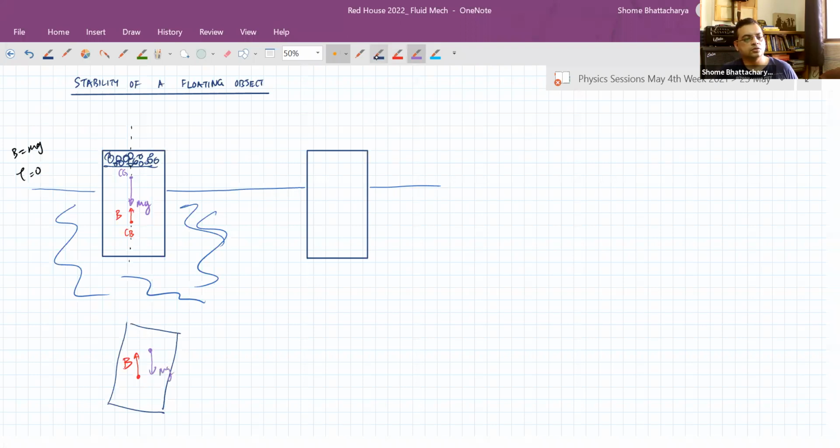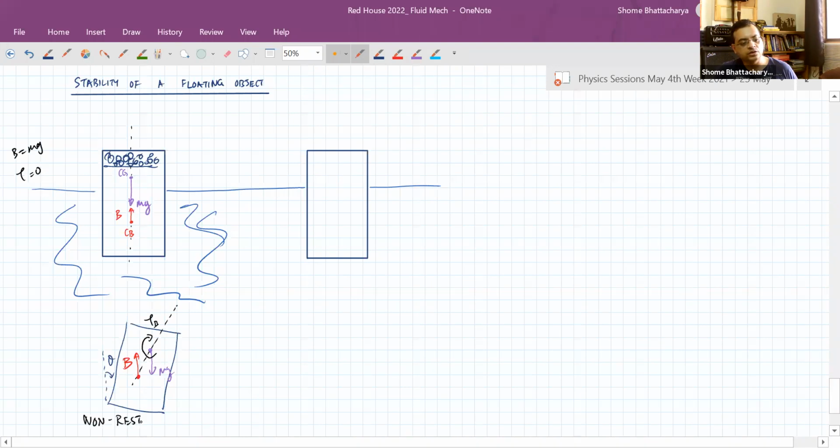Okay. So in tilting by clockwise angle theta, now the buoyant force is creating a further torque clockwise with respect to the center of gravity or with respect to the center of mass. So this is a torque because of buoyant force. So it is what we call a non-restorative torque.